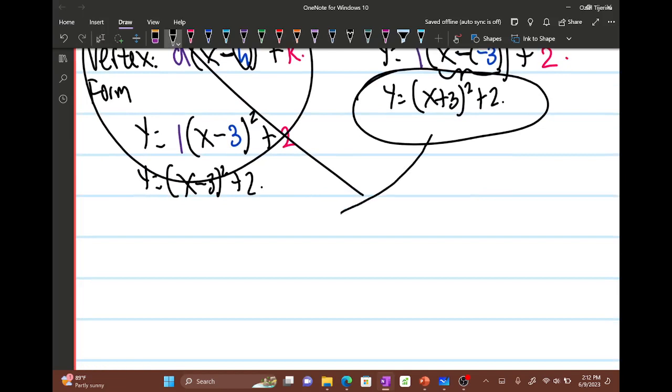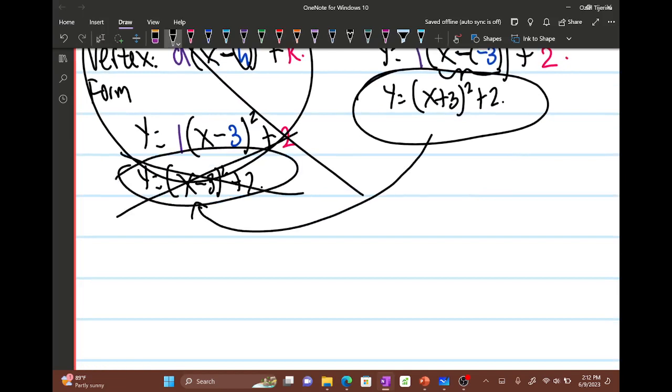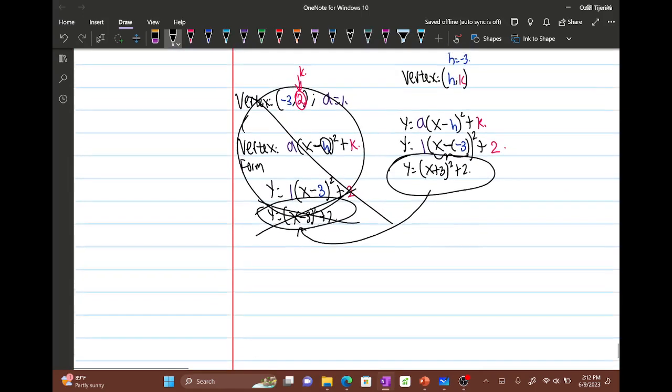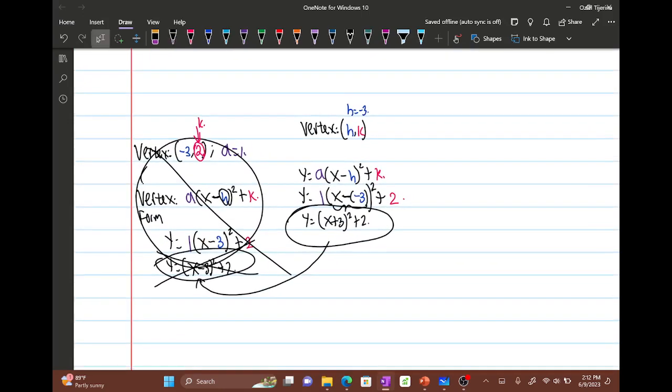It is not this. Okay, so we have to be careful, guys. It's very important, and of course, this is another mistake that students make.